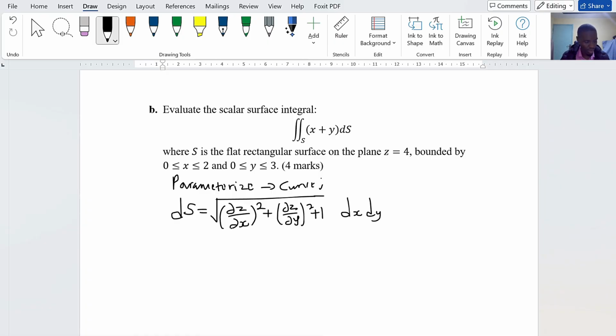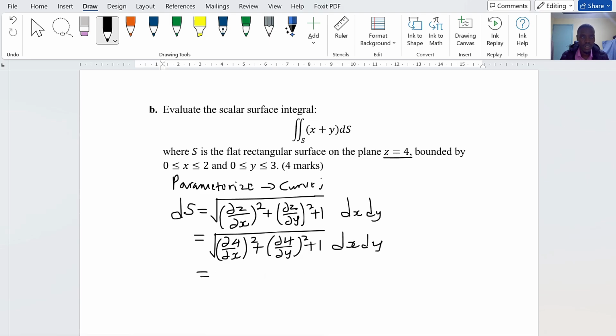Now, let's get it. So from here, we'll have the square root of dz over dx. Remember, z is equal to 4. So if we differentiate z with respect to x, d4 over dx squared plus d4 over dy squared plus 1, and then dx dy.